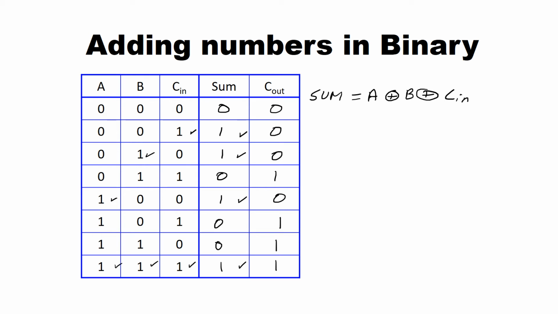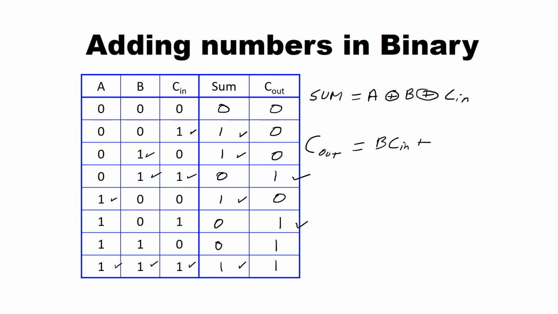That's my sum. My carry out column is even easier to think about. You get a carry out if you have at least 2 1s as inputs. So my carry out, in this first case, I have B and carry in, all right, ANDed together. So my carry out is B and carry in, or what's my next one there?